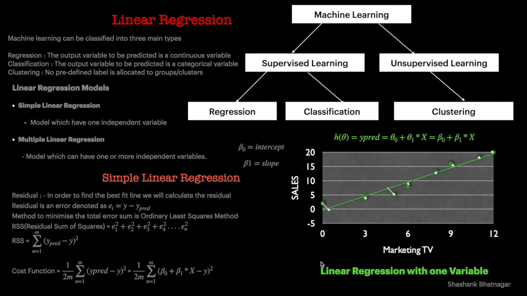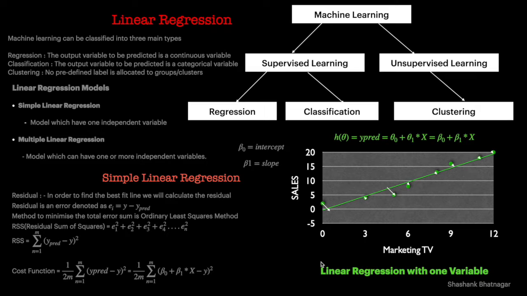Machine learning is basically classified into three main types: regression, classification, and clustering. In a regression problem, the output variable to be predicted is continuous in nature. For example, sales or salary we want to predict.